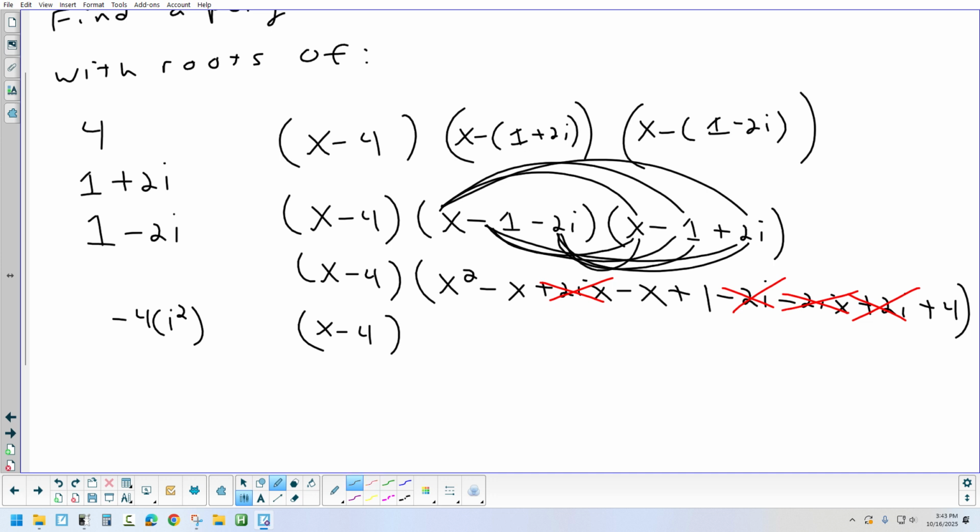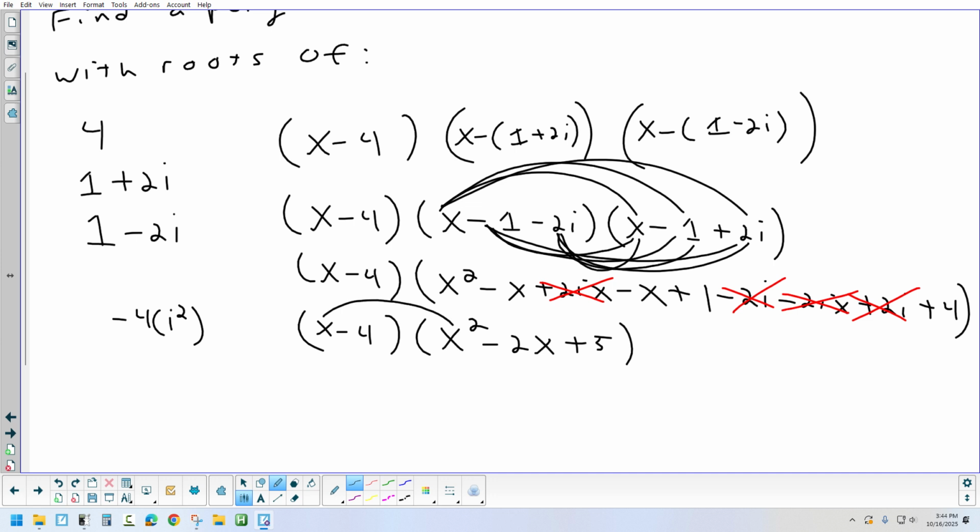What do we get when we combine everything that's left in the parentheses? X squared minus 2x plus 5. Okay, so that was the hard part. Now it's actually a little bit easier. We just have to multiply these two together, but all the i's are gone now. When I multiply them, that's my final answer.